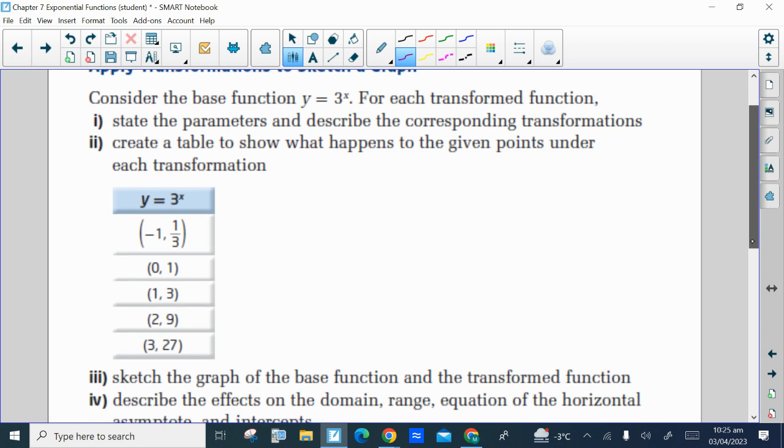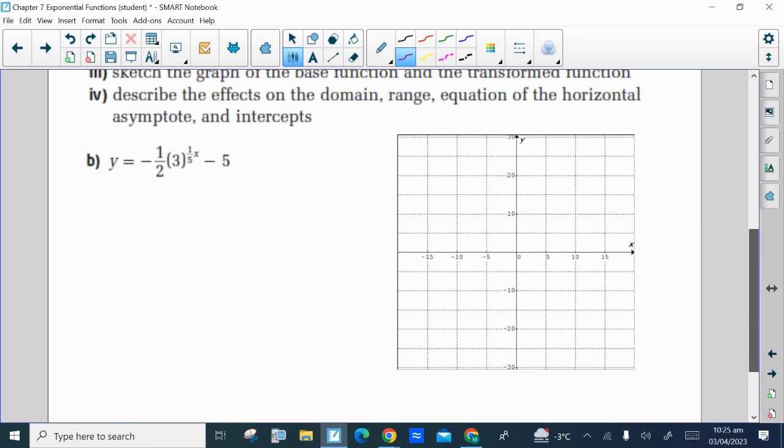So again, we're doing a transformation of 3 to the x on the next page. So we'll start with that graph.